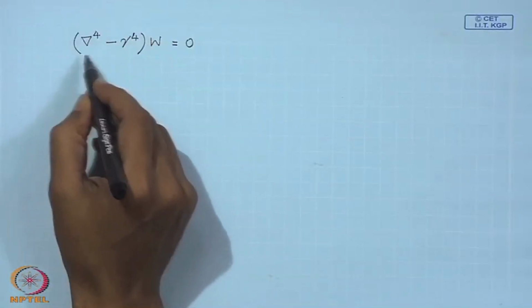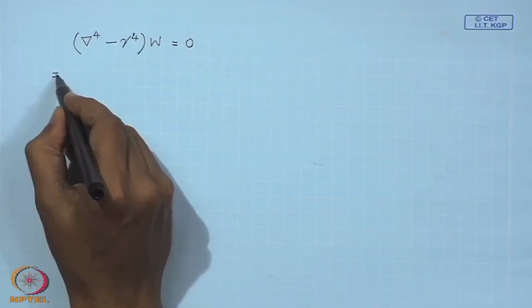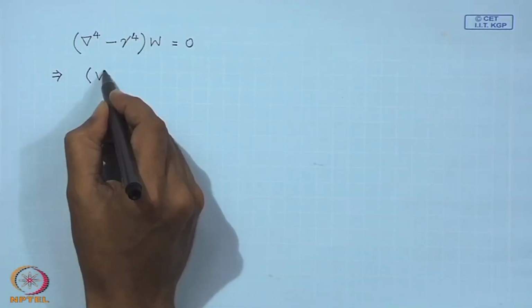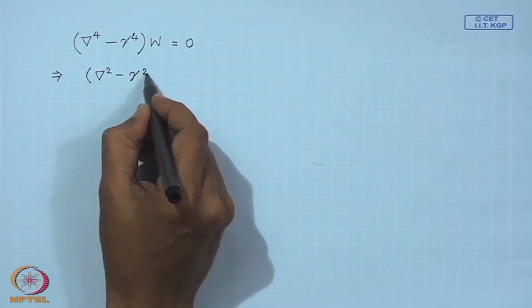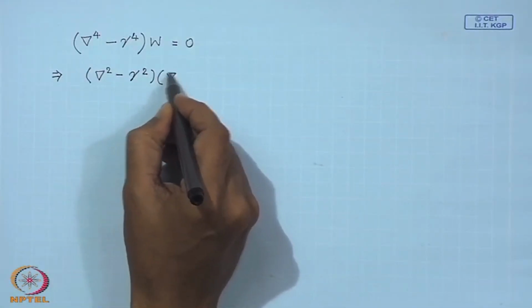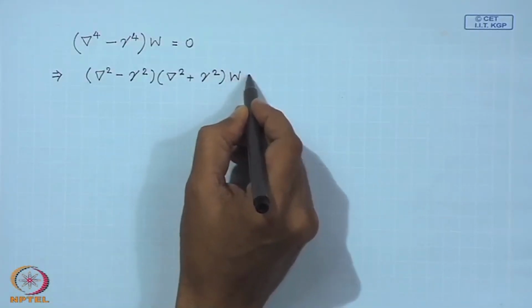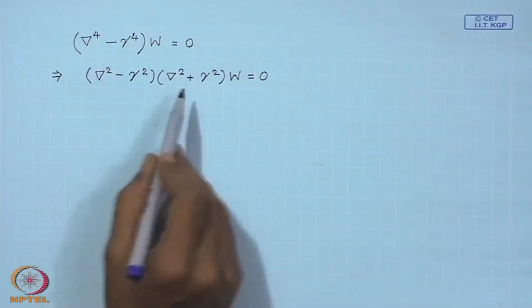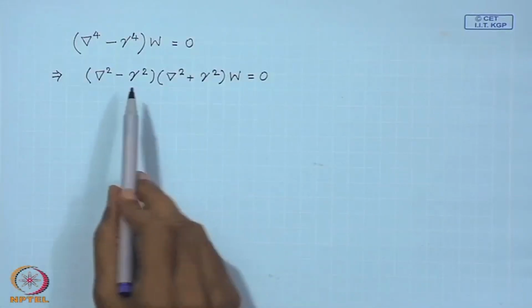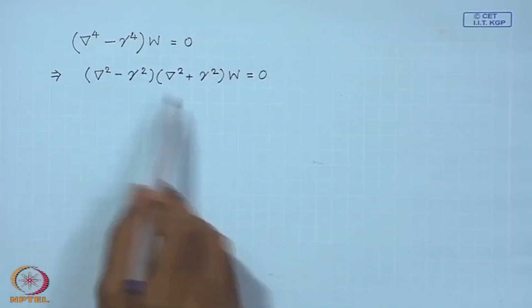And I can factorize this in this form. Now, these two operators, they commute. So, this can operate first or this can operate first, it does not matter in which order.